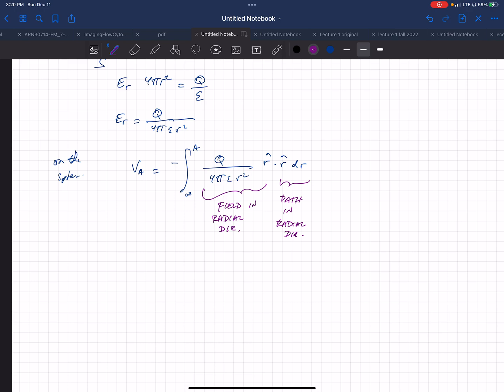And let's say we define, as is pretty typical, the voltage at infinity to be equal to zero. In that case, we end up with V sub A is Q over 4 pi epsilon R.